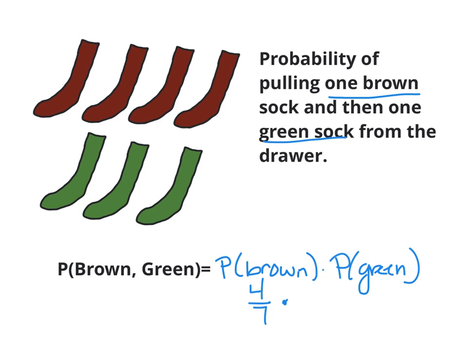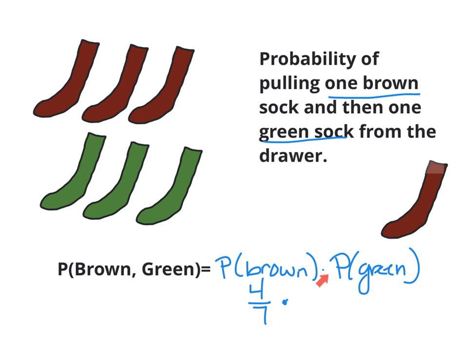And let's say that we were successful, and when we reached in the drawer we did pull out a brown sock. Now, what is the probability of drawing a green sock from what's left? Well, there are 3 green socks out of 6 socks, and when we do the math out, we get 12 out of 42, and that will simplify, dividing by 6, to 2 out of 7.